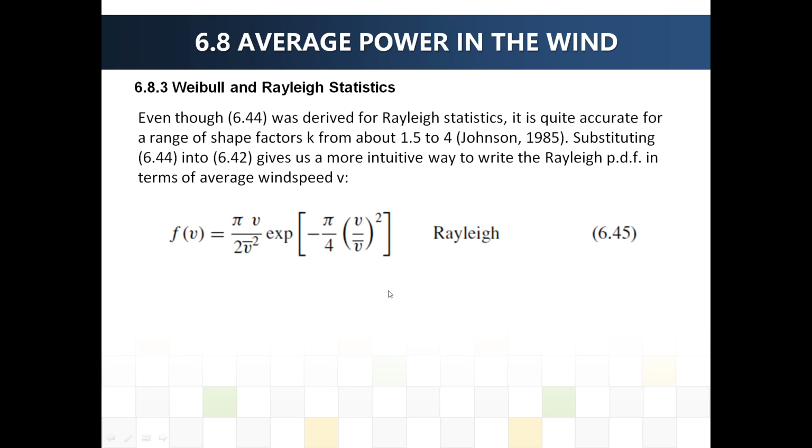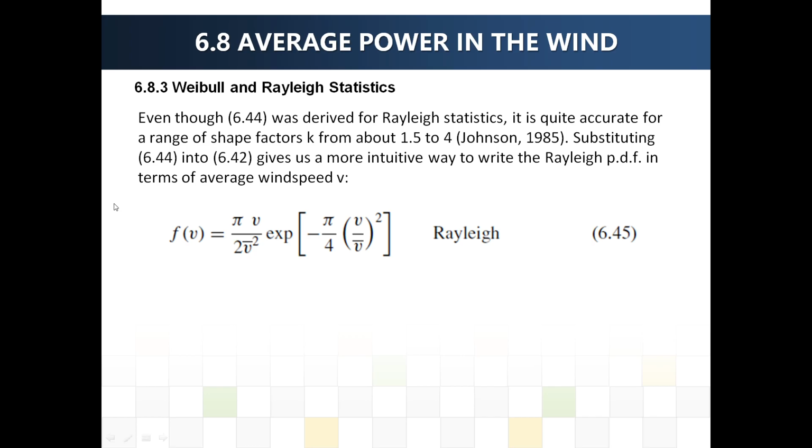Section 6.8.3, Weibull and Rayleigh statistics. Even though equation 6.44 was derived for Rayleigh statistics, it is quite accurate for a range of shape factors k from about 1.5 to 4.